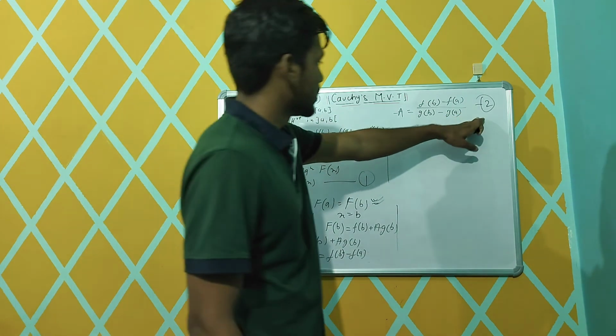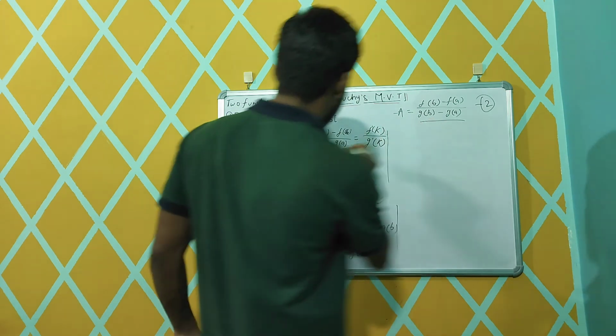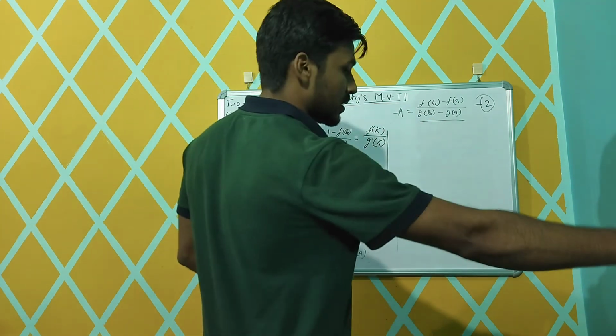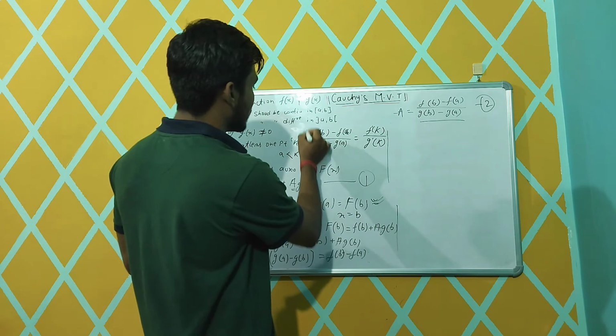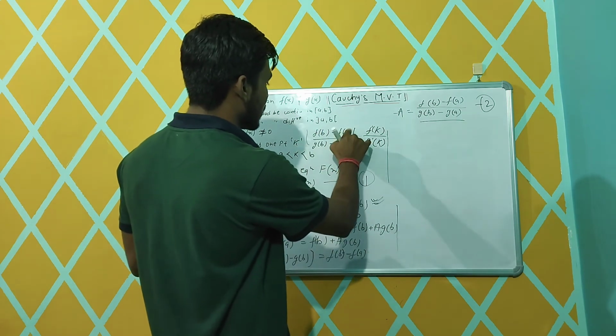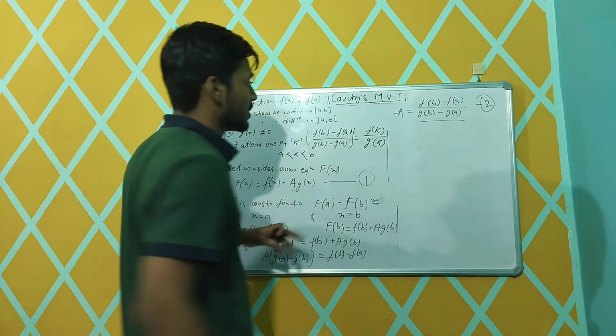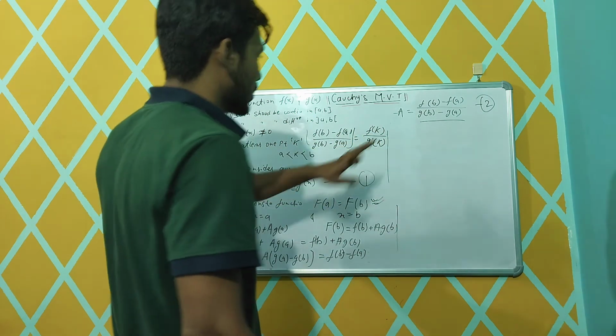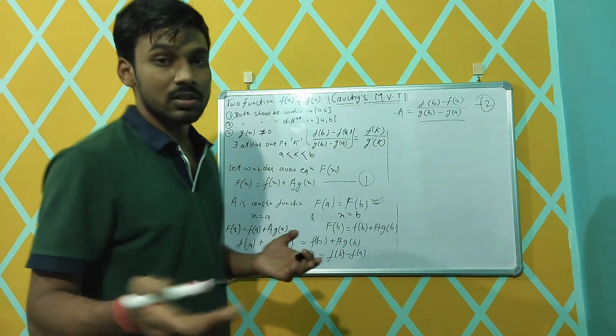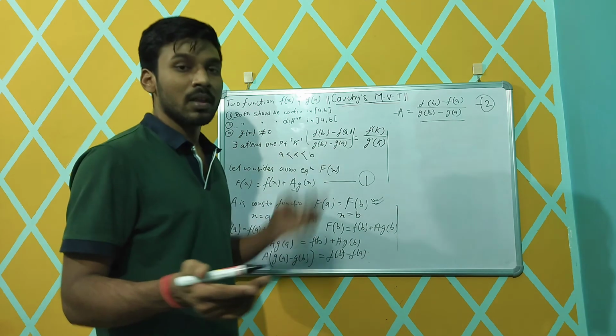Why is that important? Because you can see that this term is the same as this term. From now we have to repeat the same Rolle's theorem here.